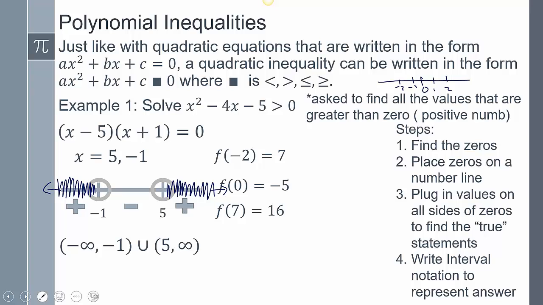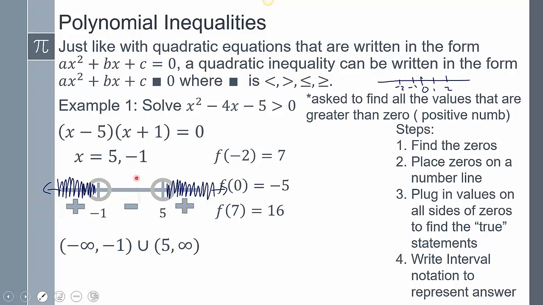Then plug in values on either side to find true statements. Since this is saying I want values greater than 0, all my true statements are going to be positive values. I plugged in a value here and got 7, so this interval is represented by all positive numbers.